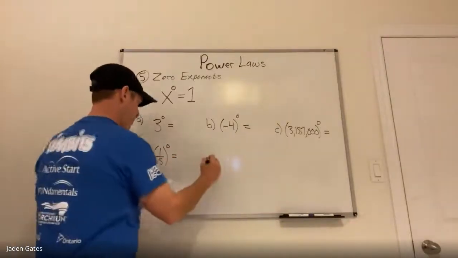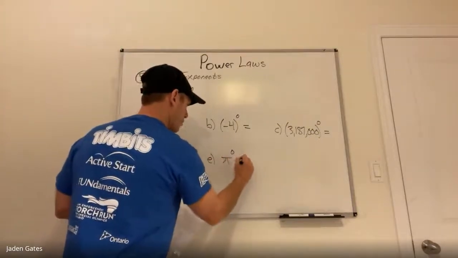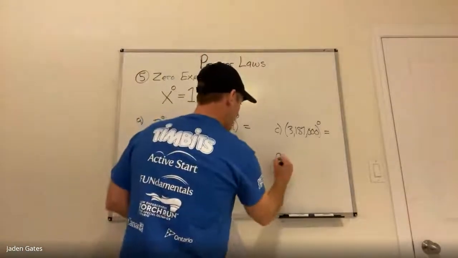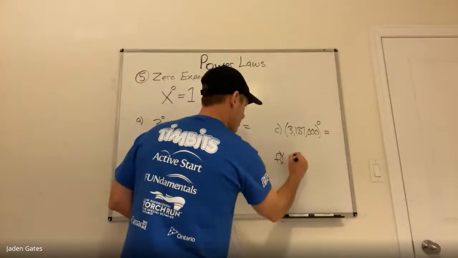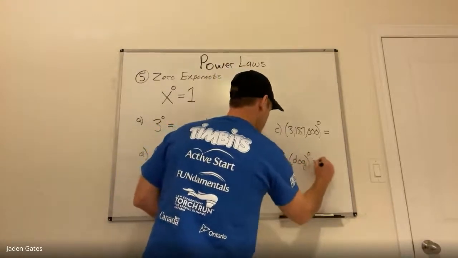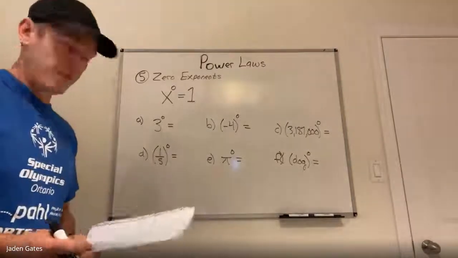We could have a symbol, pi, to the power of 0, which is actually a number. Or we could have variables in brackets, like d times o times g to the power of 0. Just like we have x times y, we could have d times o times g.